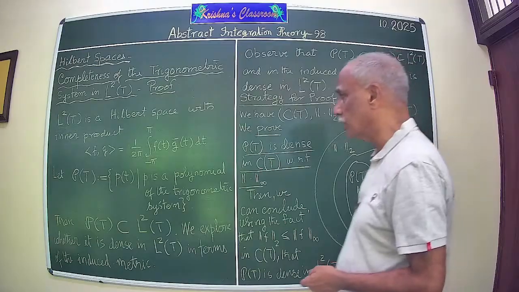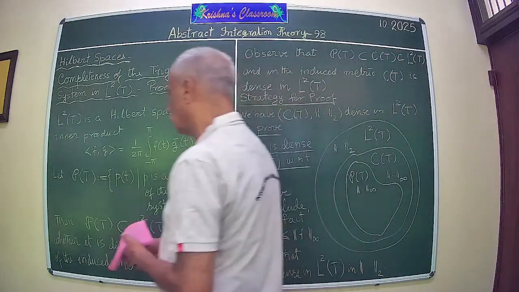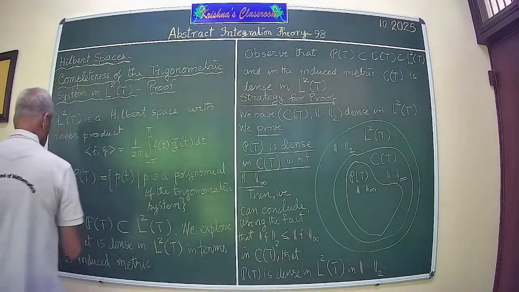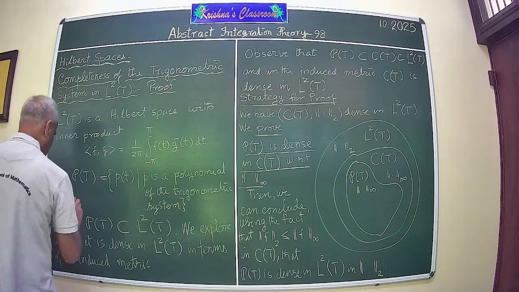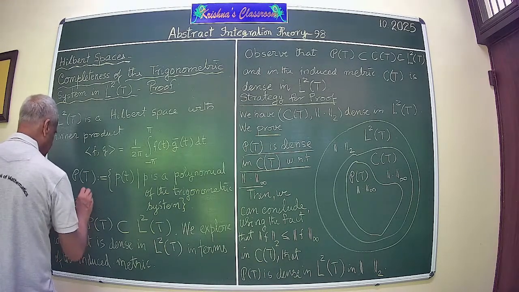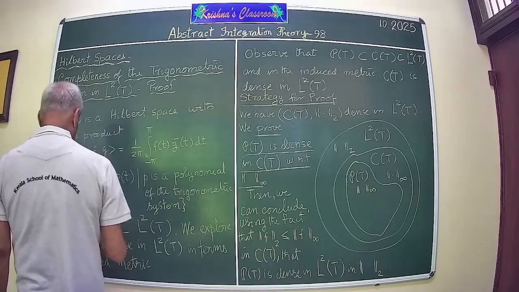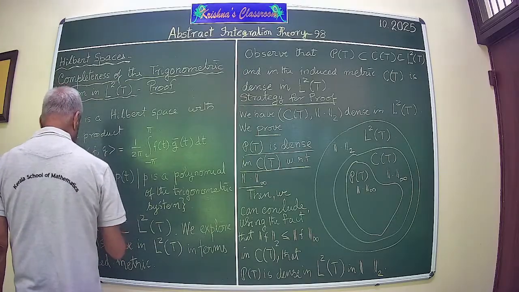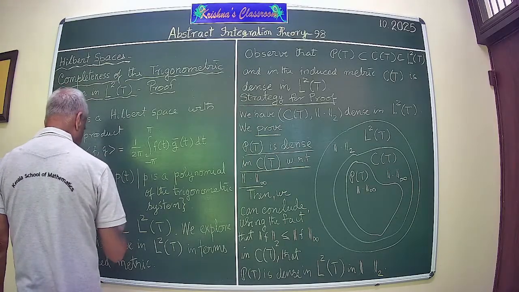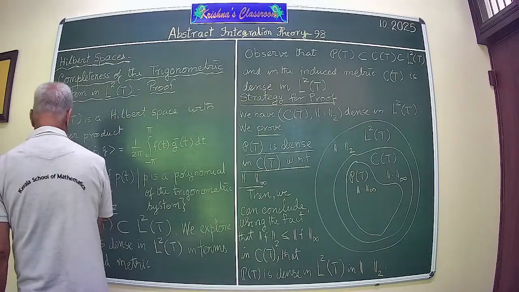What is the trigonometric system? The trigonometric system is e to the power int, n an integer. This is the trigonometric system.